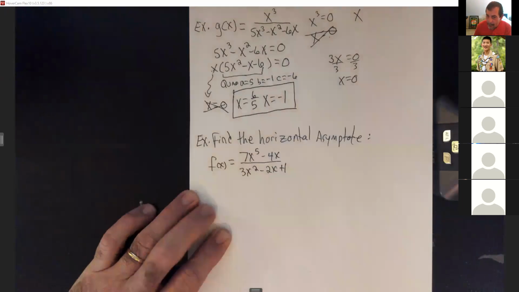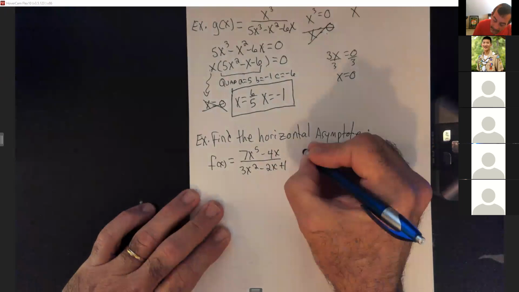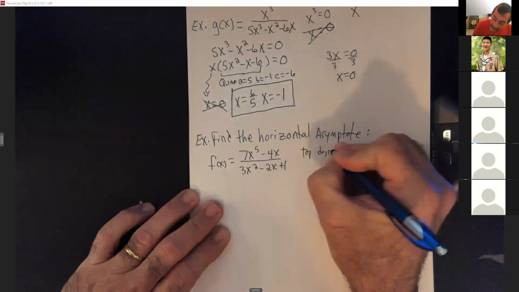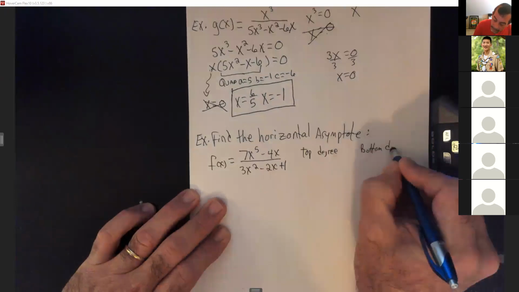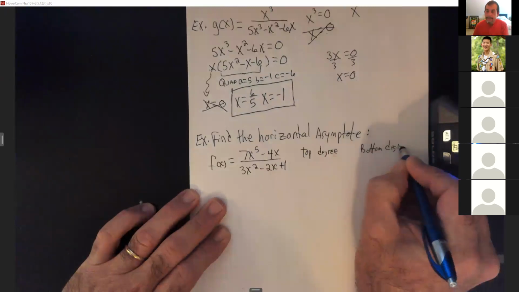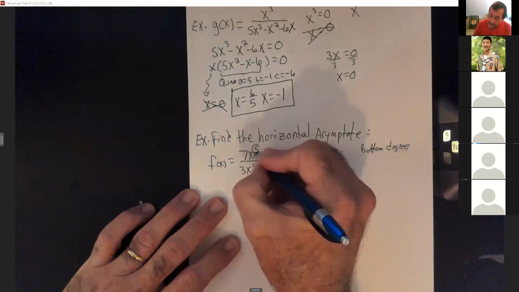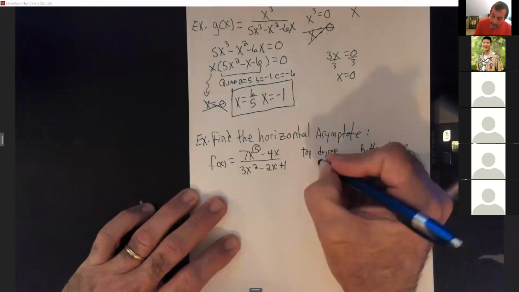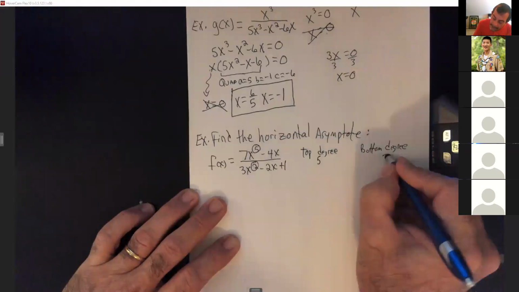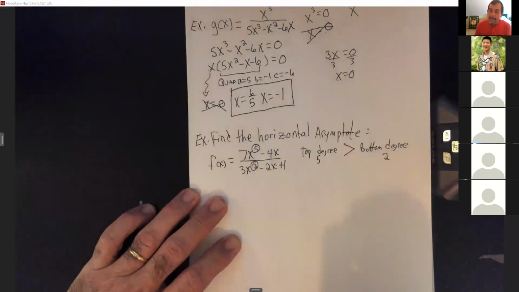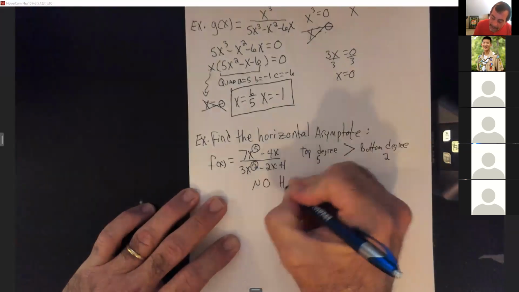On horizontals, all we're looking at are the degrees, my top degree versus my bottom degree. The top degree is a 5. The bottom degree is a 2. Since the top is greater than the bottom, this one has no horizontal asymptote.